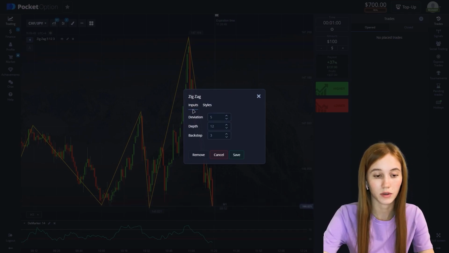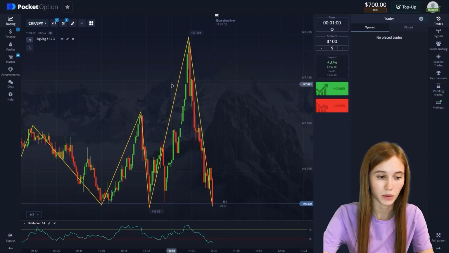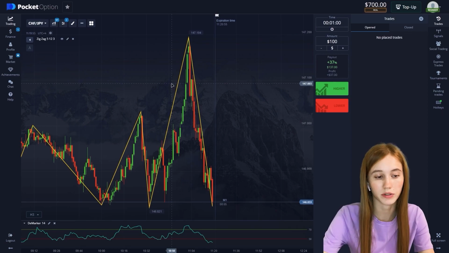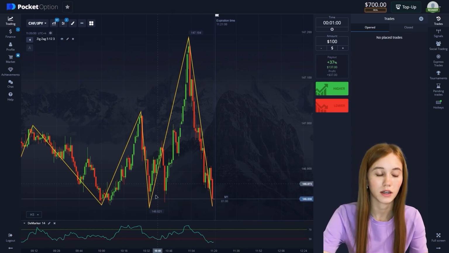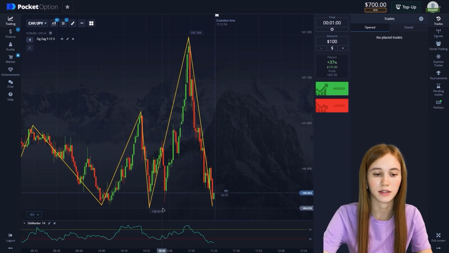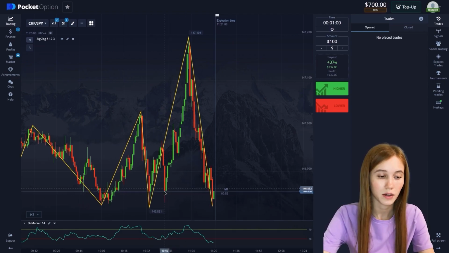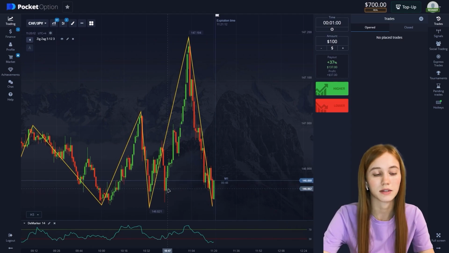So thanks to this, it's possible to consider important market movements without taking into account various noises. Unlike other indicators, this zigzag does not predict price behavior in the future, but rather indicates the significant changes in the past.